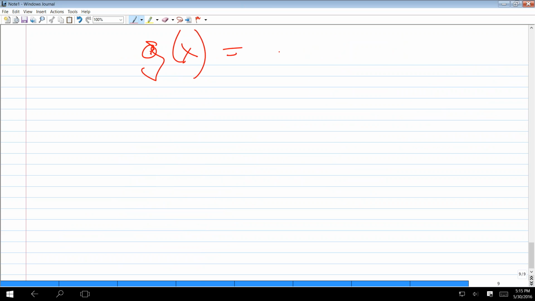G of x is equal to e to the x. Okay? And the reason is all 6 transformations result in a different looking curve. The first 2, well, that's this. That's a reflection over the x-axis.